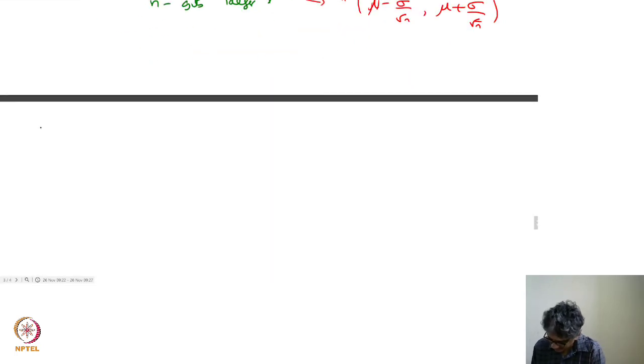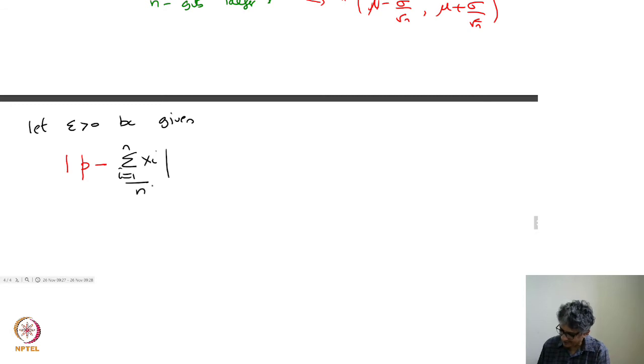So let epsilon be positive and given. Our interest was the probability of A as a number. Let's call that P. P was the probability of A, minus what we calculated from the sample, the summation of xi by n. How far is this?